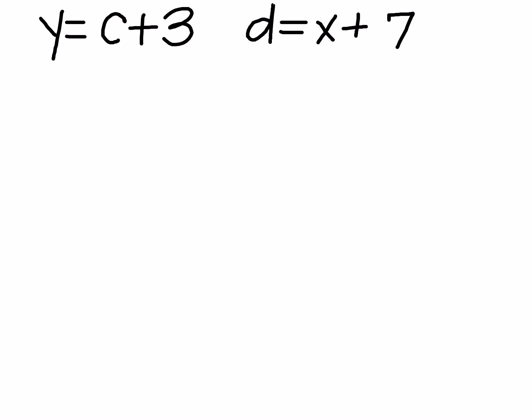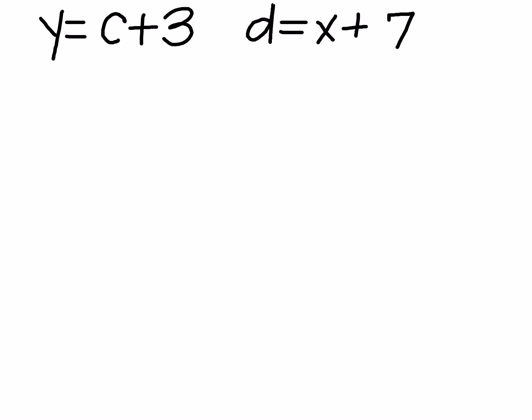Now look at section 2.3.3 in terms of. And look at what we have written in our notes now. So it says, given the equations y equal c plus 3, d equal x plus 7, which of the following is equivalent to x plus y, written in terms of c and d?